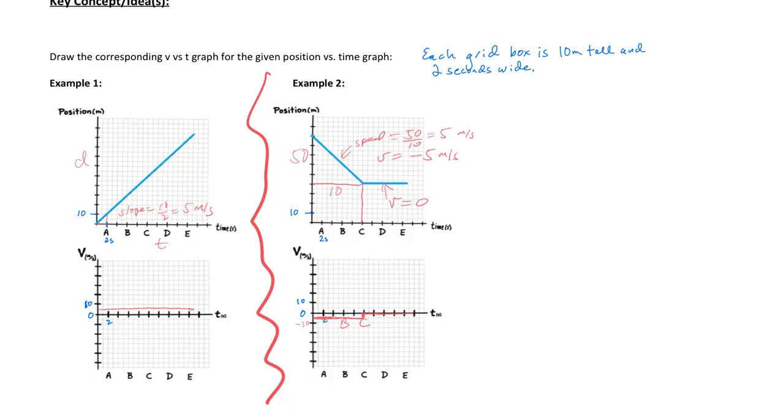I don't really know what the speed at A is. It's pretty steep. I could approximate, but I'm not going to do it. It would look something like this. Okay, and with both sides symmetrical.